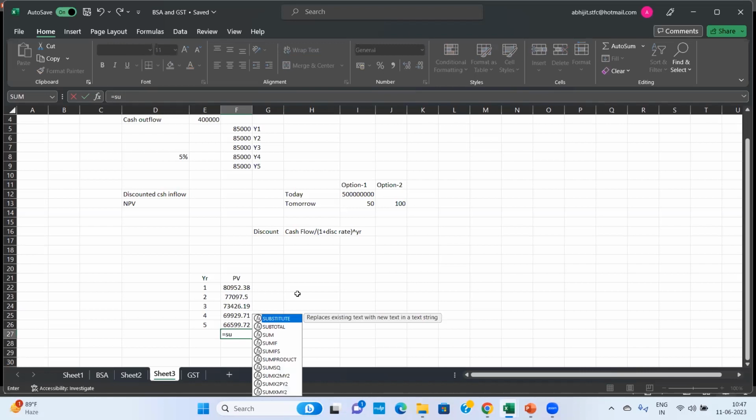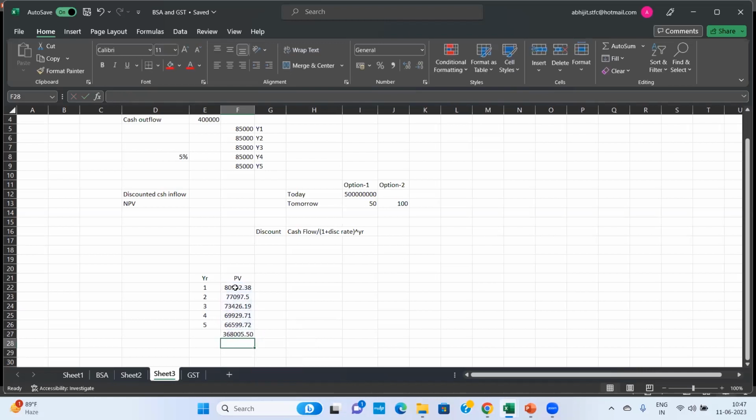Now we see the sum. 368. Correct, NPV is negative. Otherwise, what was coming? 4,25,000. So the future value is 4,25,000. The present value coming is 3,68,000.